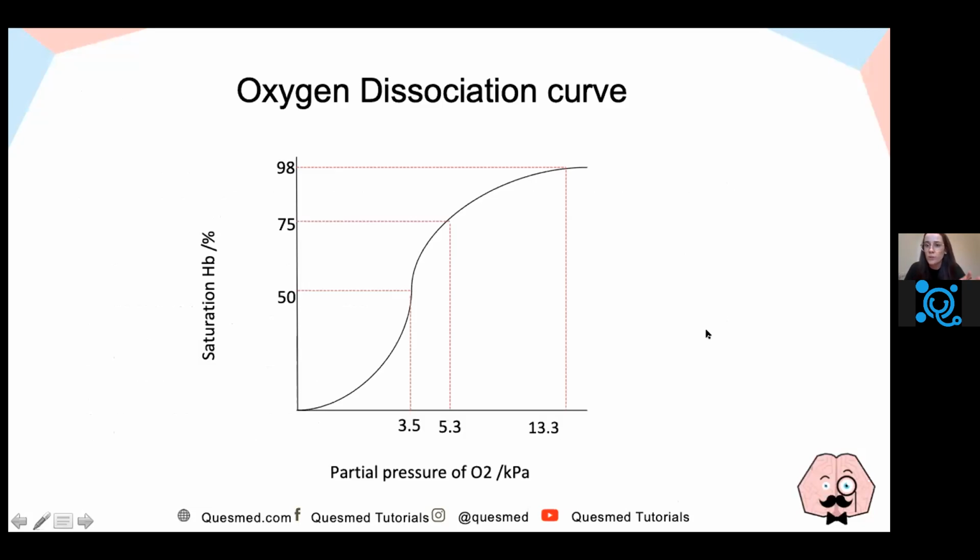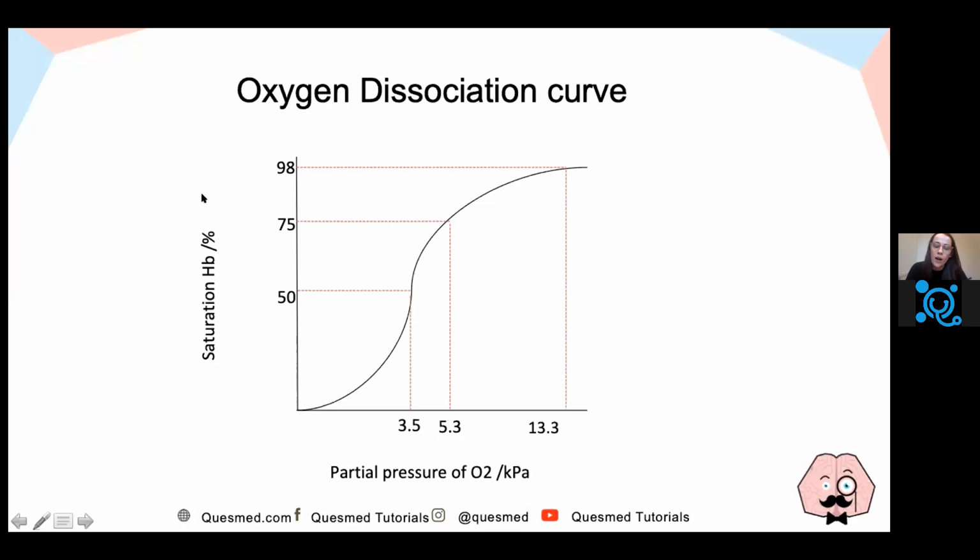So this question is really about the oxygen dissociation curve. This is the curve which describes how well oxygen is bound to hemoglobin. We have a few important numbers on it.